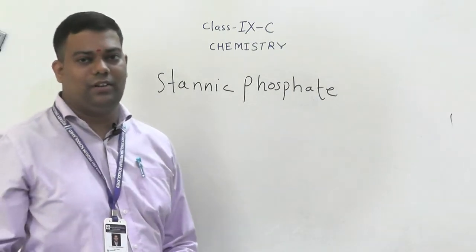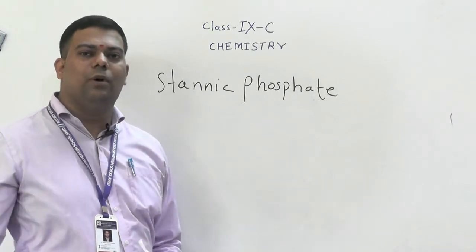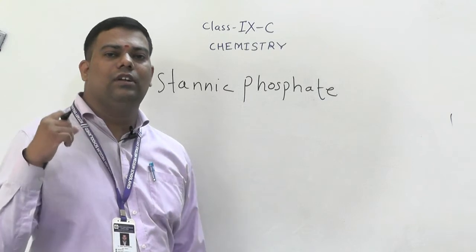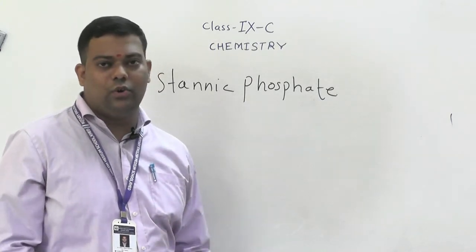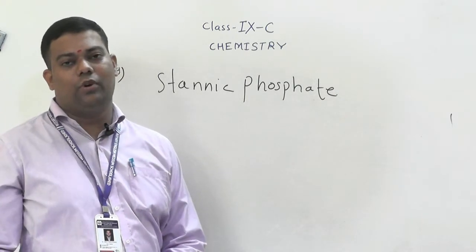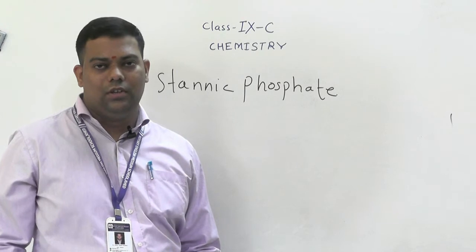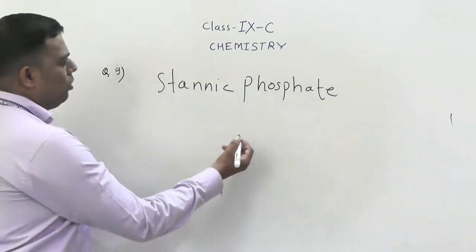Our question is stannic phosphate. From this you come to know which option is correct; you might have answered this question directly. Stannic means plus 4, and stannous means plus 2. Phosphate is PO4 3 minus.